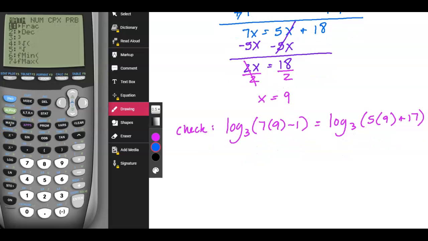Math. Then what? Up to, I think in your calculators it might be different. Is it A for you guys? Okay, so you go to math and then you go up to A and you press enter.